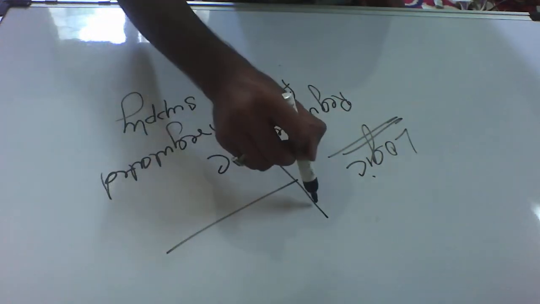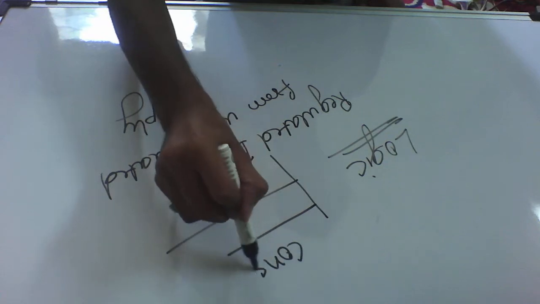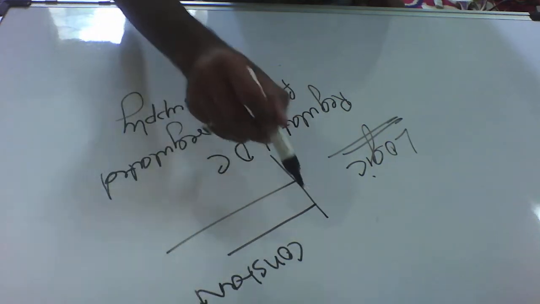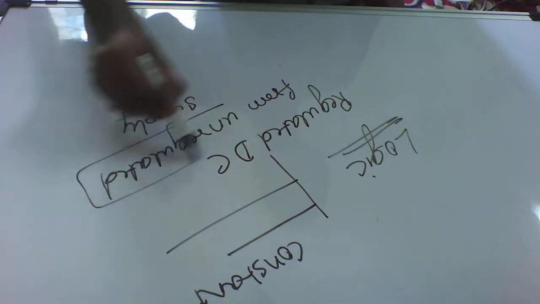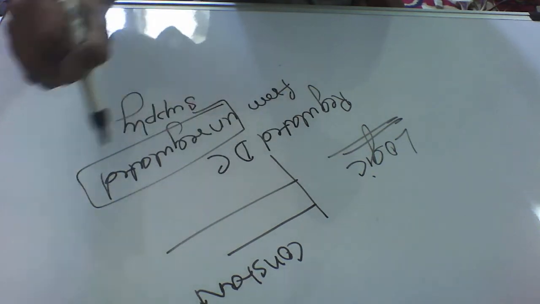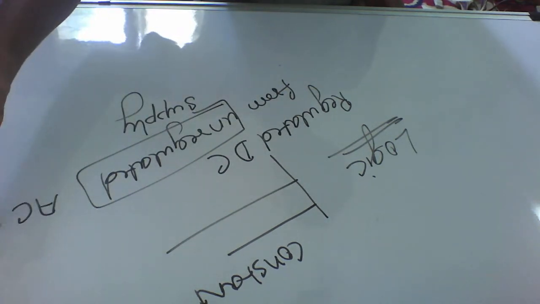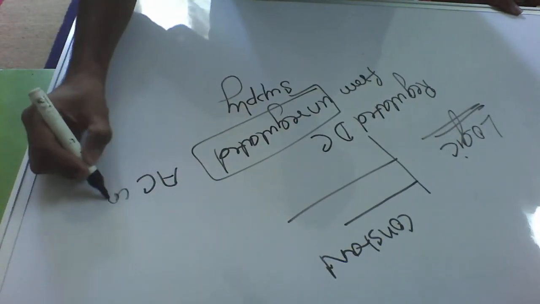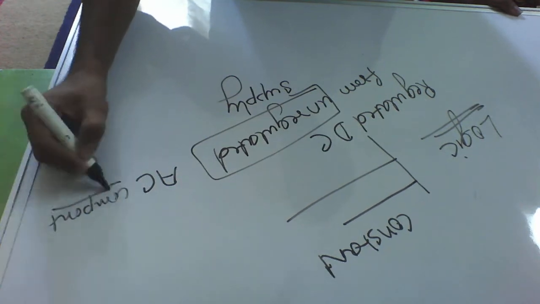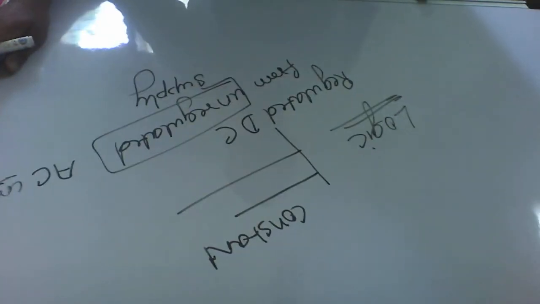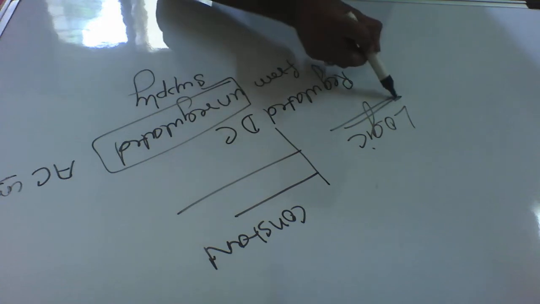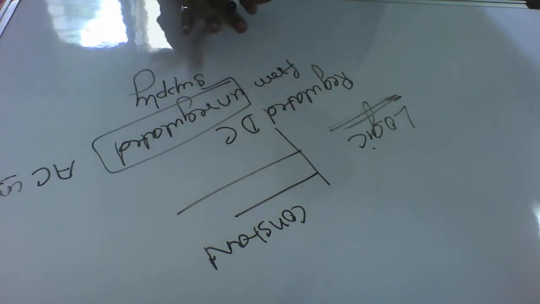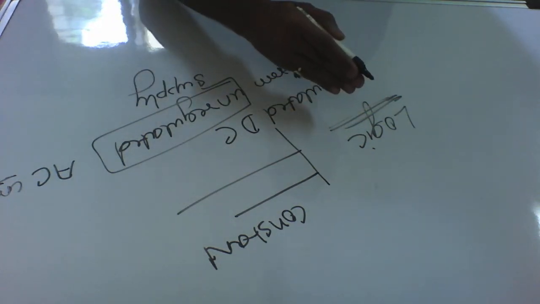Regulated means constant DC output. Unregulated basically means there is presence of some AC component in it. So the basic logic behind an SMPS is to regulate the output, to convert the AC into DC.